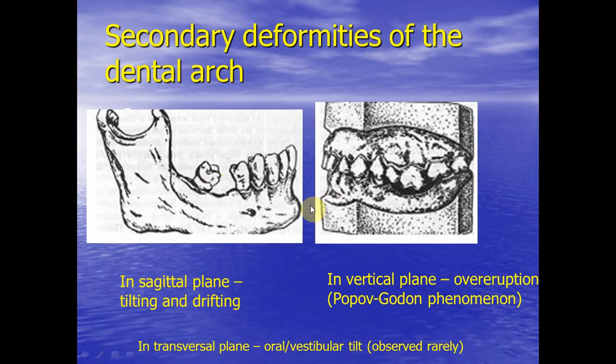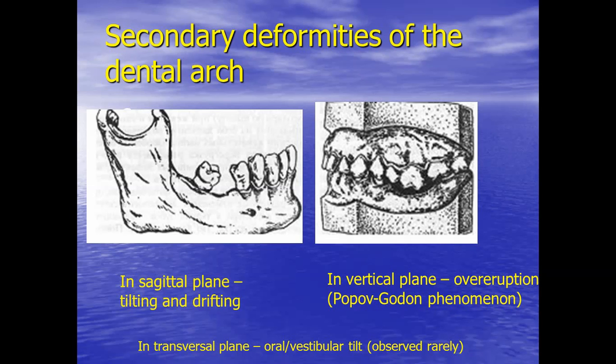Primary deformities happen, like other kinds of orthodontic pathology, because the jaw did not grow properly or the teeth were erupted to a wrong position.